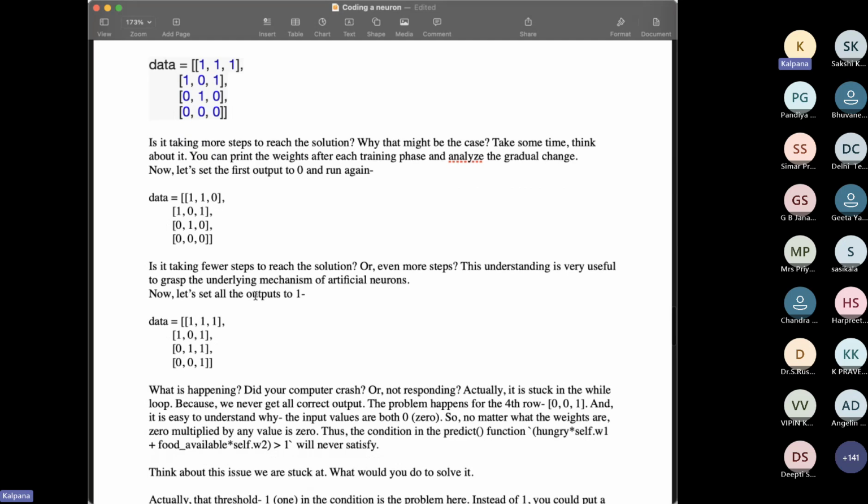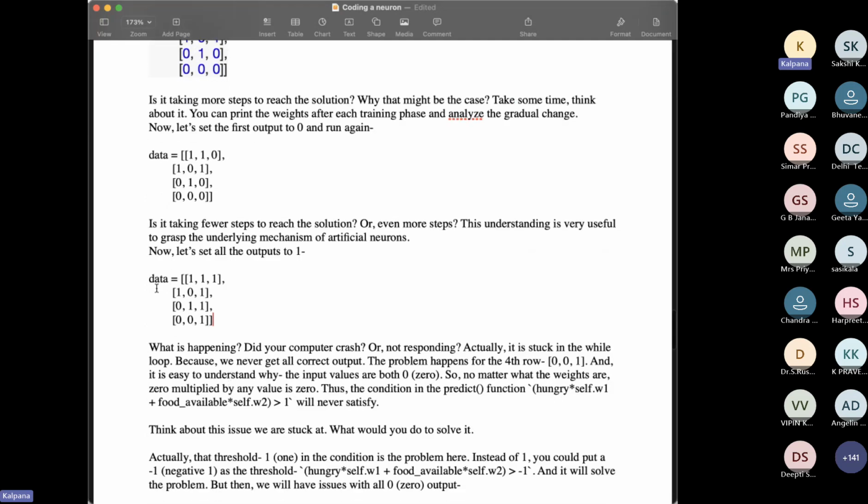And in some cases, it might never reach the solution, like in this case. If this is the input data and the neuron has been trained for this particular data, probably it will never reach the solution. The loop will go infinite, right? Because of this last one. So 001, you will never get it, right? You can try this code on your own if you feel like.